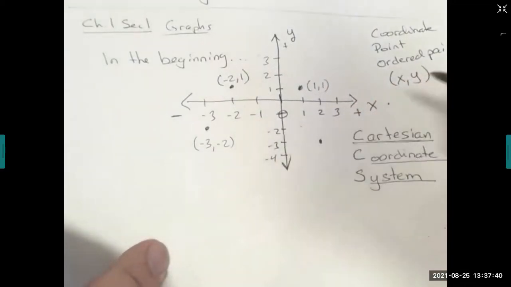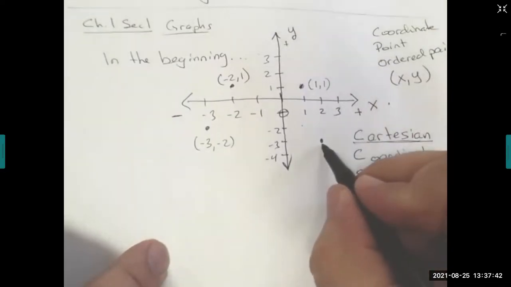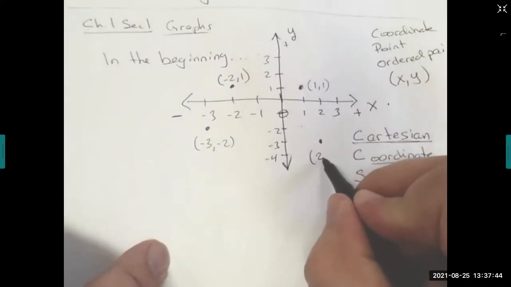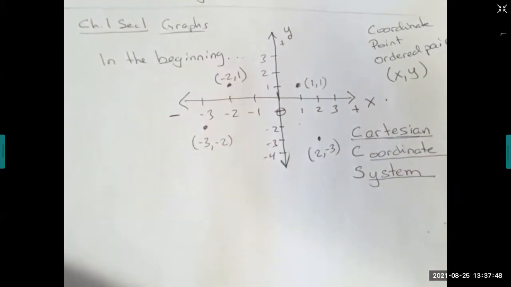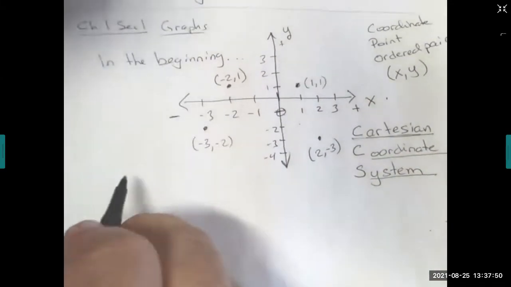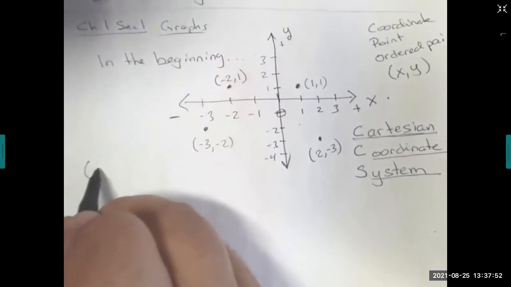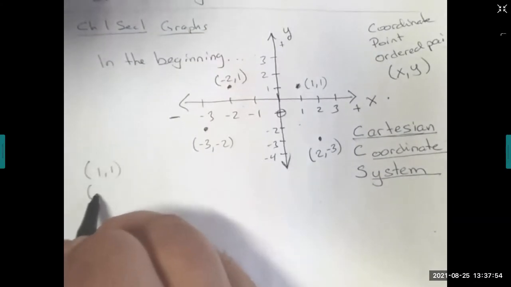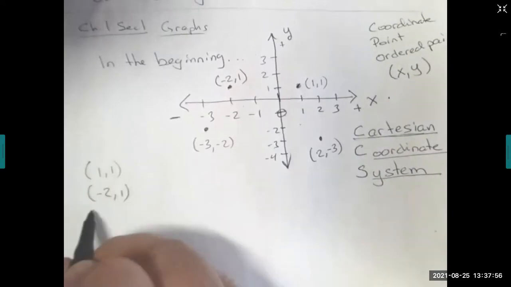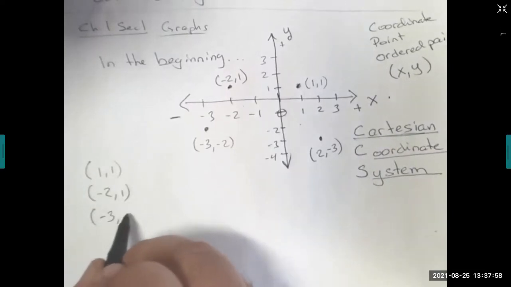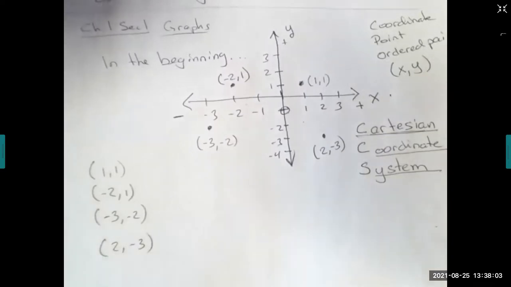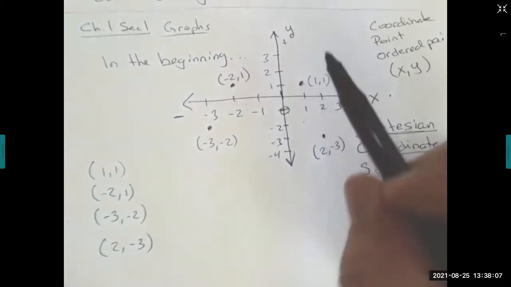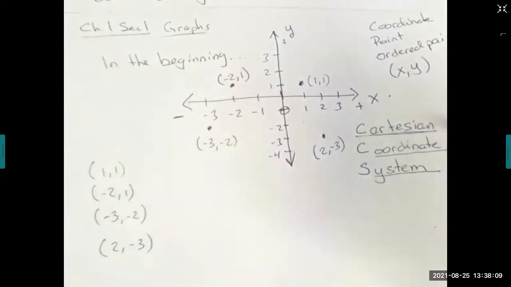And then lastly, this one. +2, -3. So by looking at the way these points are written, you can tell me where they're located. Whether it's this one, this one, this one, this one.